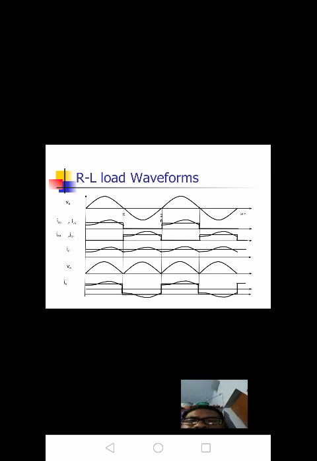The supply current here is alternating in nature but it is not a sinusoidal waveform, slightly sinusoidal and slightly straight currents. Here we are observing all input and output waveforms for the full wave uncontrolled rectifier.